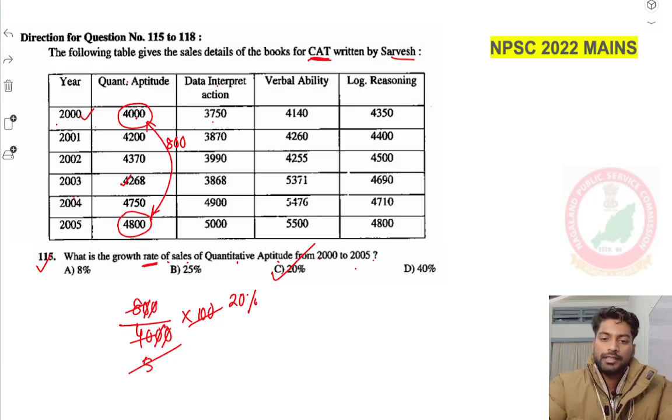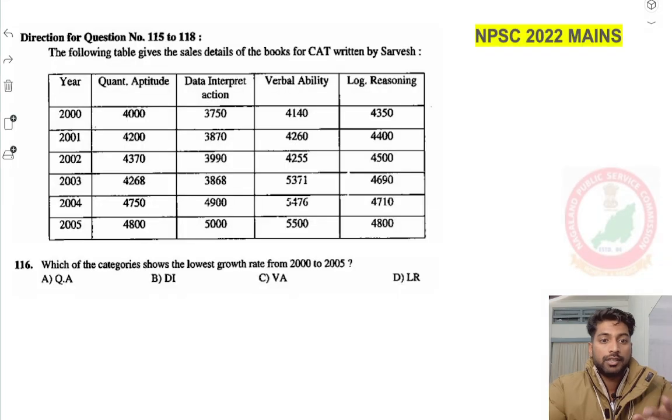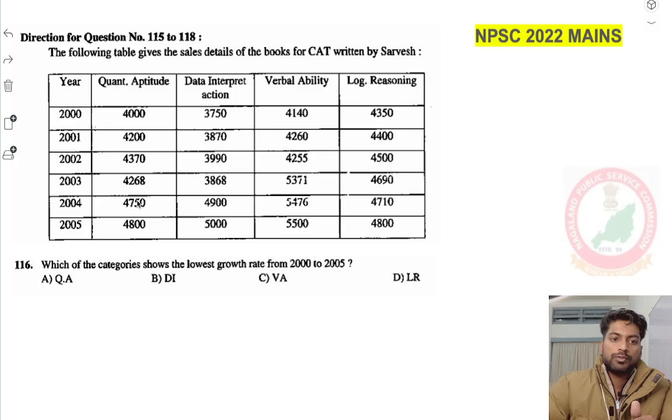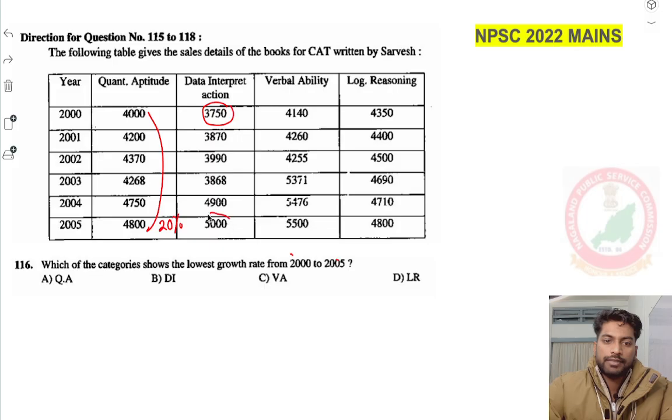Okay, see the second question. Which of the categories shows the lowest growth rate from 2000 to 2005? See, this one, 2000 to 2005, is 20%, we just calculated. Now see here, 3750 and 5000.